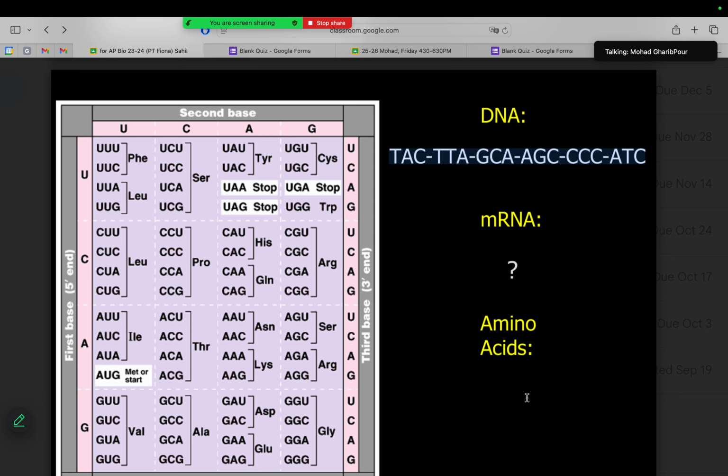And this all depends on whether the DNA sequence we're looking at is the template strand or the coding strand. Remember the difference. Template strand is what is being copied by the RNA polymerase.